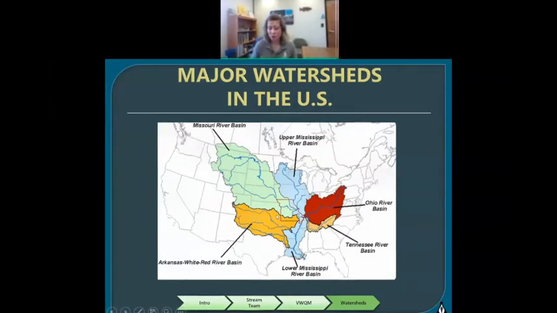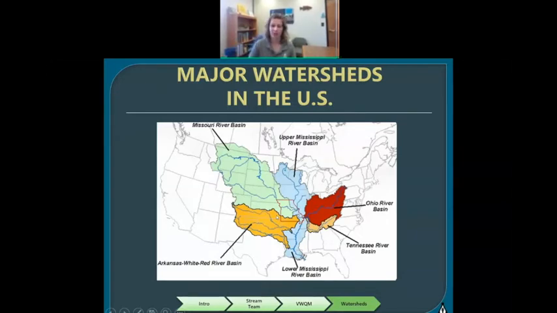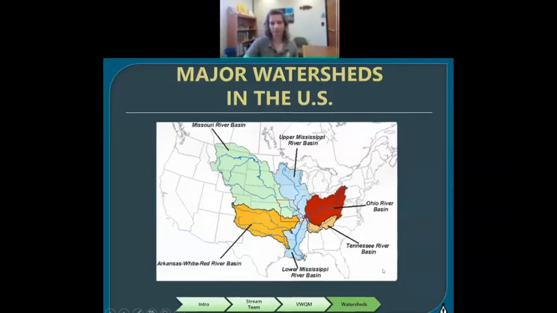Watersheds can be huge, but we're not at all going to be expecting our volunteers to go out there and monitor, you know, with the large picture of the Mississippi River watershed. That is way too overwhelming. So we're going to start breaking it down little by little until we get to a manageable size for our monitors. All right, so these right here are the big watersheds that touch Missouri in some way.